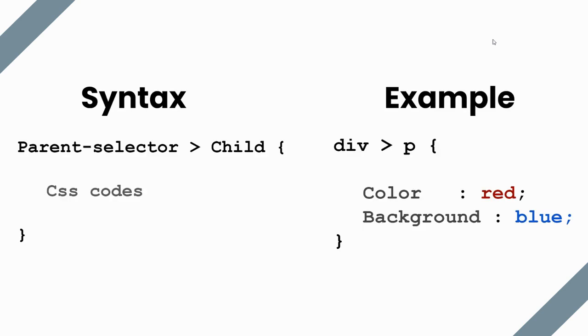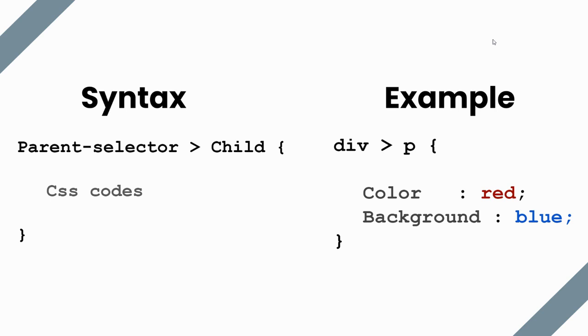So here we have the syntax and an example of the child selector. In the syntax, you can see that it also begins with the parent selector, which is then followed by the greater than sign, and then the child selector. And between the curly braces, you have your CSS styling codes.